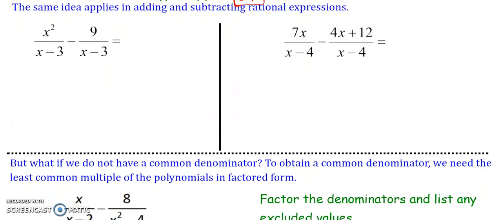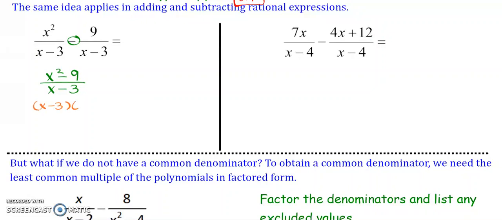Same idea with our rationals when we have variables. If you look here first, we check the denominators, and those two denominators are the same, so we don't have to do anything to get common denominators. We just look at the numerator: x squared minus 9 over x minus 3. Just like we did with dividing, let's factor each piece.